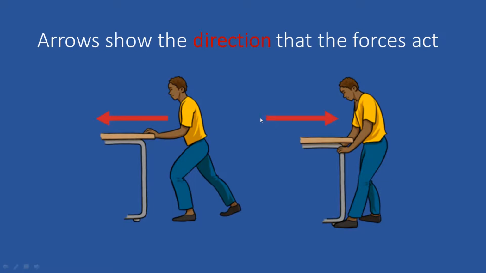If he is pulling the table backward, the force is to the right. So how can I represent the force? I can represent the force using an arrow, and I can represent the direction of the force using the head of the arrow, if it's to the left or if it's to the right.